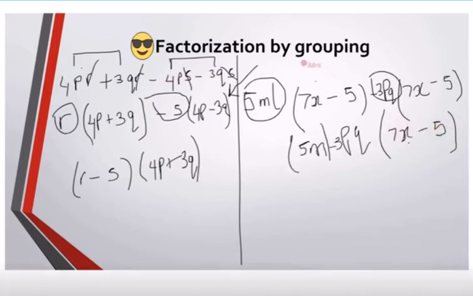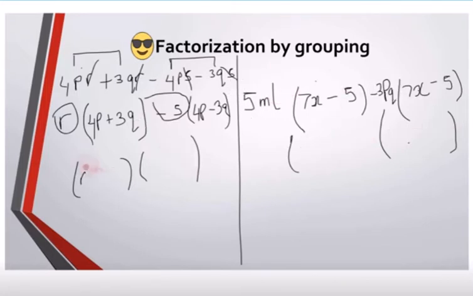Okay? I'm going to show you this step again. As we can see here, factorization was already done. Look at the second example on the screen. Alright, so as we can see here, we're going to put the outside terms in brackets, and then we're going to factorize out the bracket that is common.